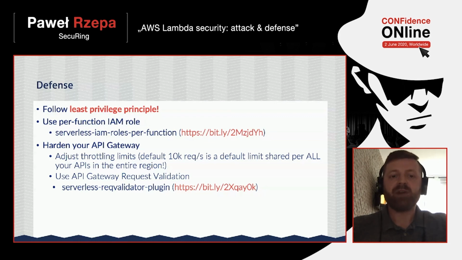releasing it. Furthermore, there's something called API Gateway Request Validation, and there's even a plugin in serverless framework. So using this request validator, you can define a schema of the proper request.